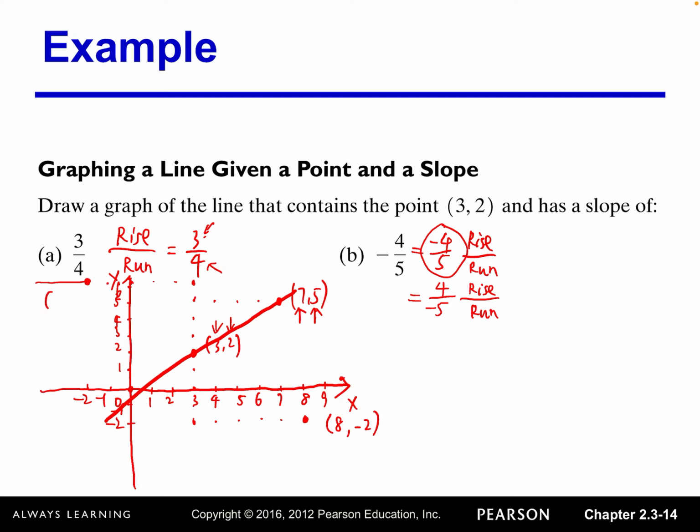This point's coordinates are (-2, 7), sorry, 6 or so, let me see. 2, and then goes up 4, that's a 6. (-2, 6) should be. So you can see actually these 3 points are on the same line. My hand graph is not that accurate.